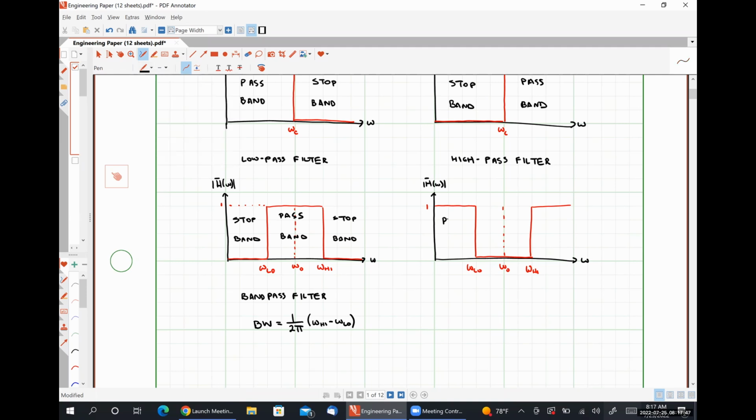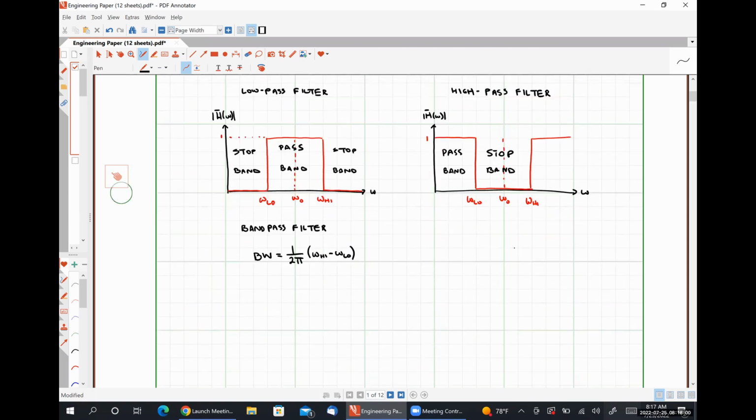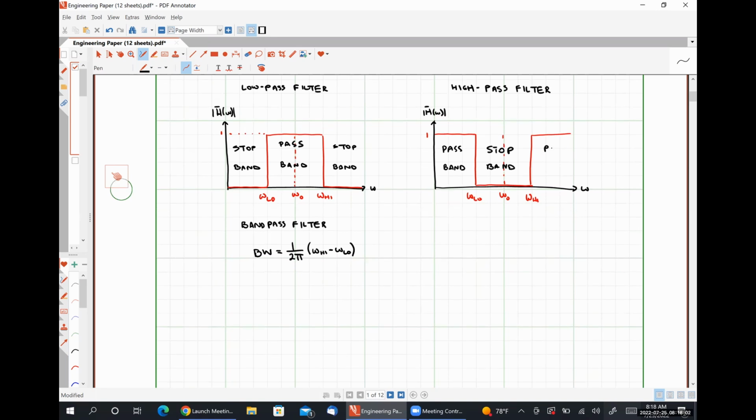On the left here, we have our pass band. In the middle, we have a stop band. And on the right, excuse me, we have our second pass band.